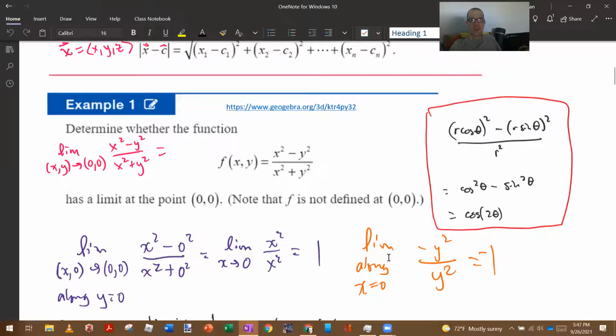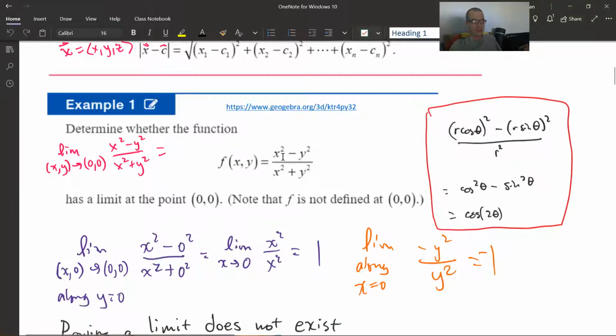So, thinking about what this function might look like in polar coordinates and making the substitution x equals r cosine theta and y equals r sine theta is something that you might actually think about doing. The writing's not updating.